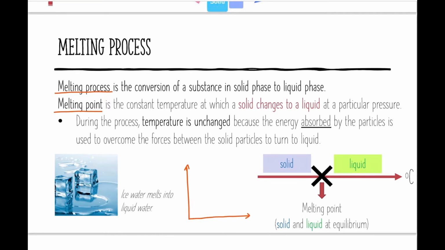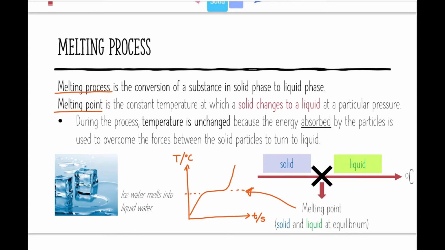From the graph, at melting point, the compound or the substance exists as solid and liquid at equilibrium.